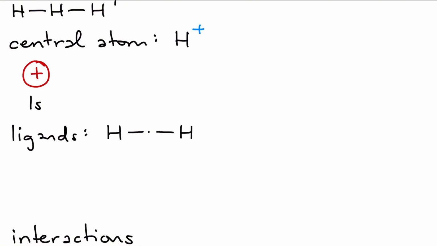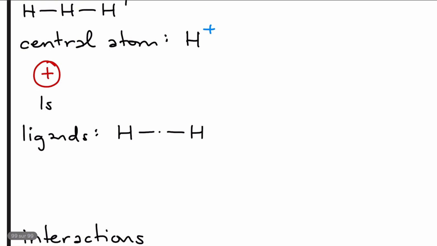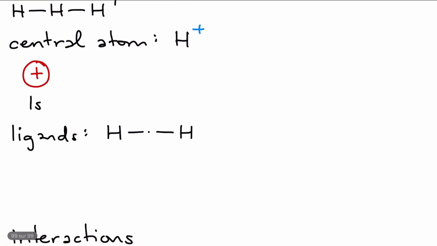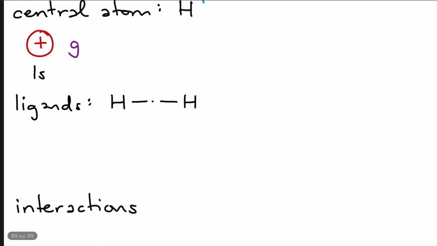If we apply a symmetry operation of inversion, the phase of the orbital will still be the same, right? For 1s, if we invert it through the center of inversion, it's still going to be a plus phase. So let's call this a gerade 1s.